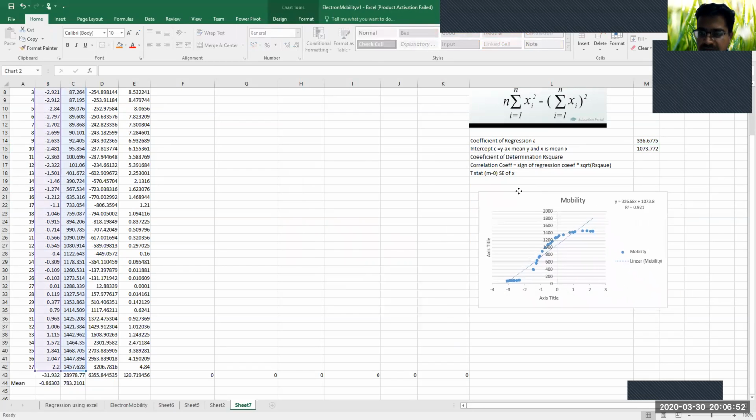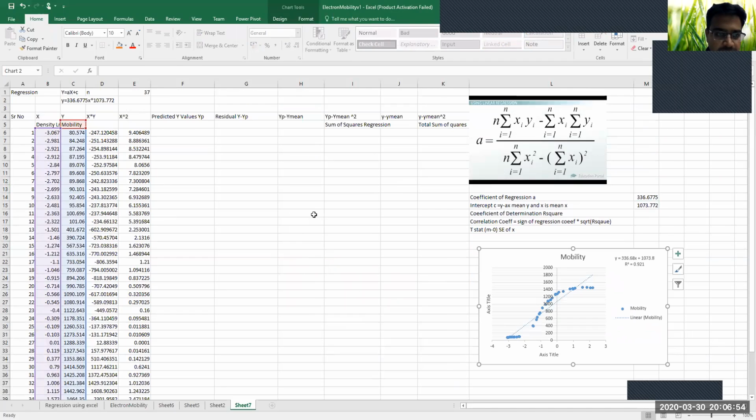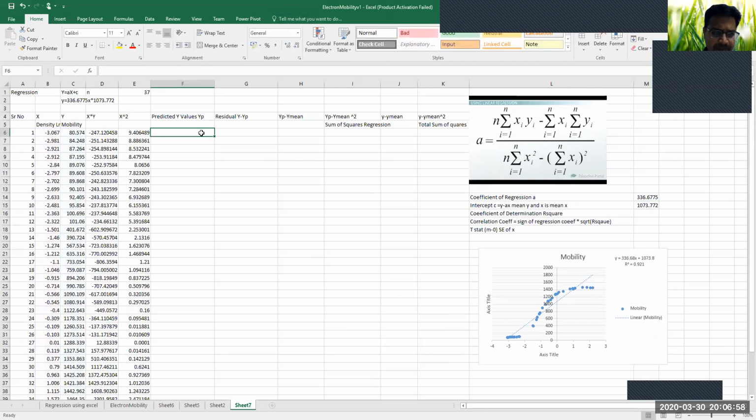Now we need to calculate the second step of the regression, which is called residuals. To calculate residuals, we need to predict the values, that is, calculate y values using this equation. So to do this, we need to have a value into x value plus the intercept value.